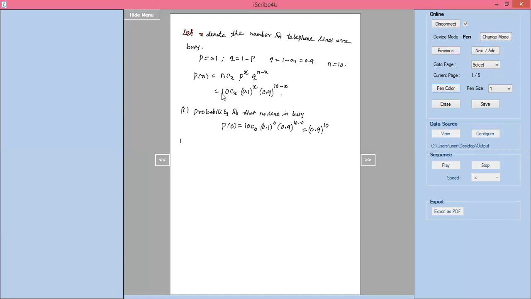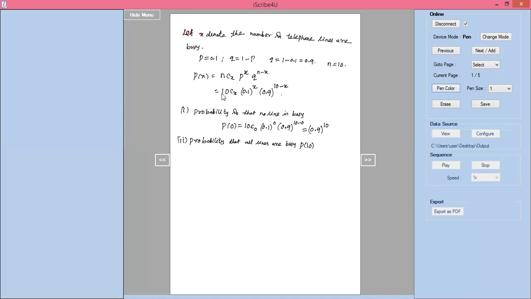The second one is the probability that all lines are busy. All lines are busy means P of 10, since 10 lines are there.